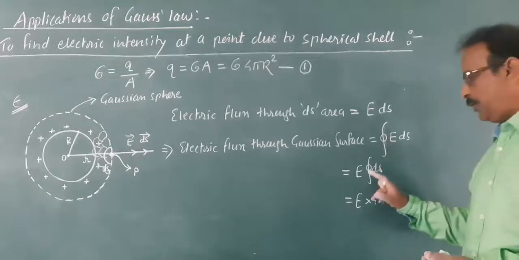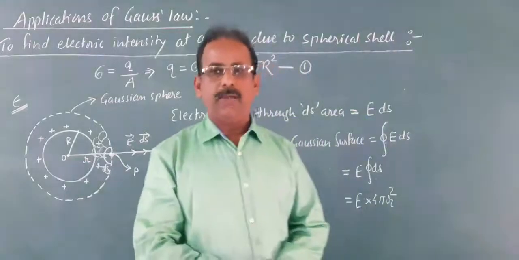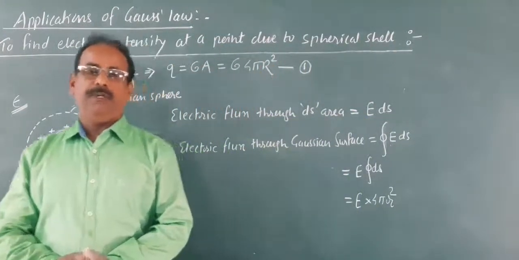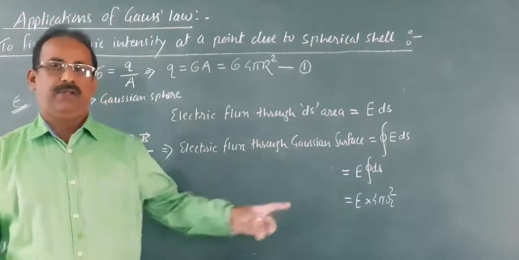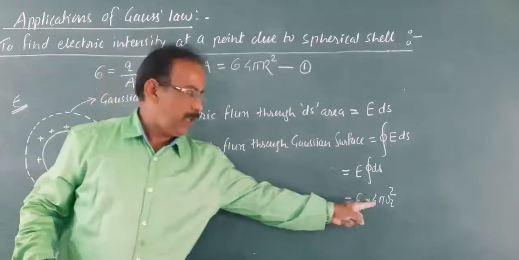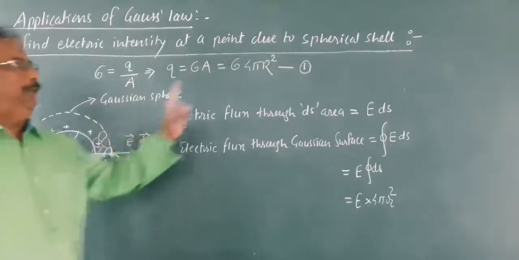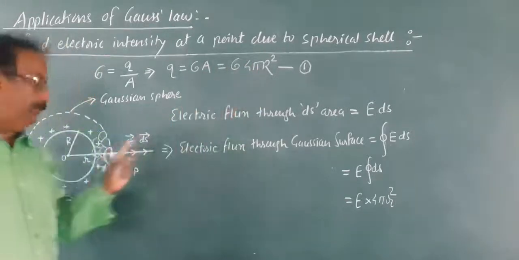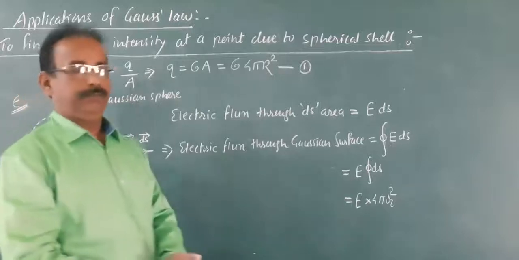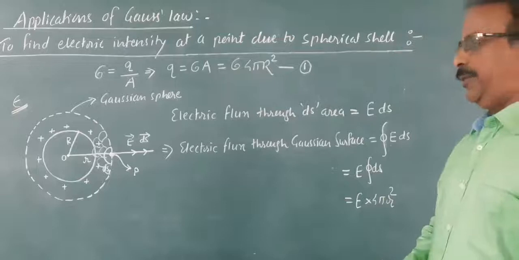Surface integral here comes equal to how much? Surface area of Gaussian sphere, which is 4 pi R square. This is the surface area of this spherical shape, whose radius is capital R. This is electric flux through Gaussian surface.